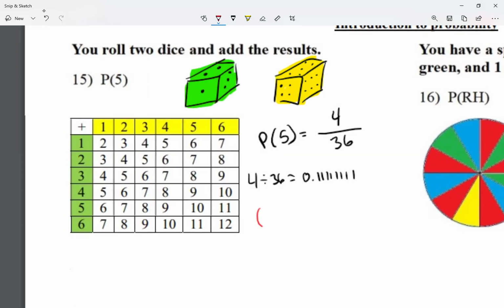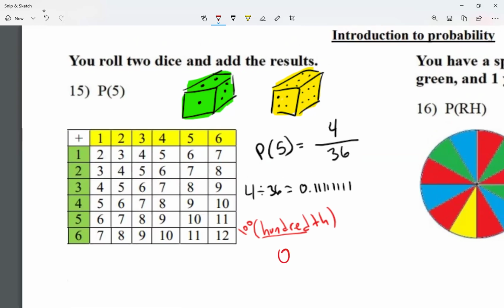But let's say I'm asked to round it to the nearest hundredth. Hundredth sounds like a 100, which is a 1 with 2 zeros, so I expect it to be 2 decimal places. My answer would be 0.11. I expected my probability answer to be a decimal number between 0 and 1, so more than 0, less than 1. So 0.11 sounds about right.